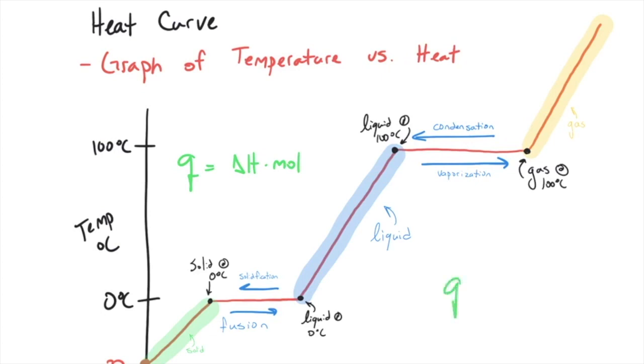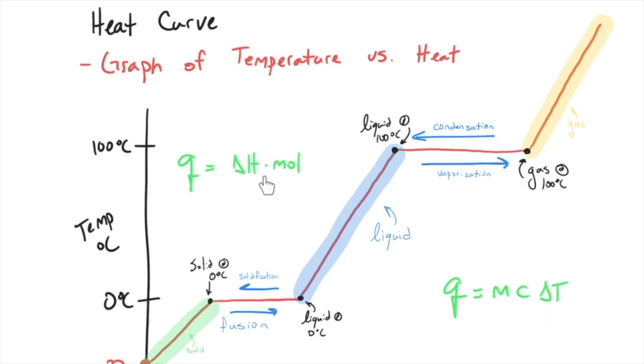The other one is Q equals mc delta T. And we use this formula whenever we're trying to calculate the heat lost or gained when a substance just simply absorbs heat and changes temperature. Now the key difference here is that one of these can be used to measure a change in temperature and one of them cannot.